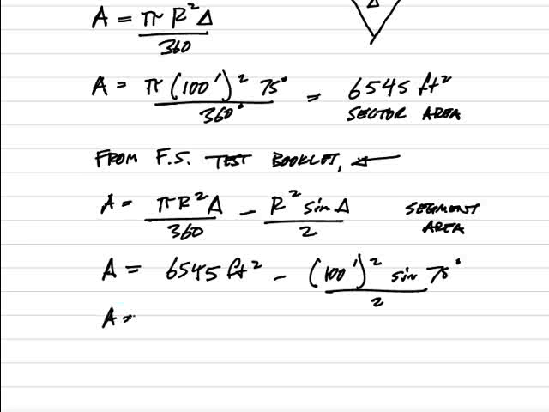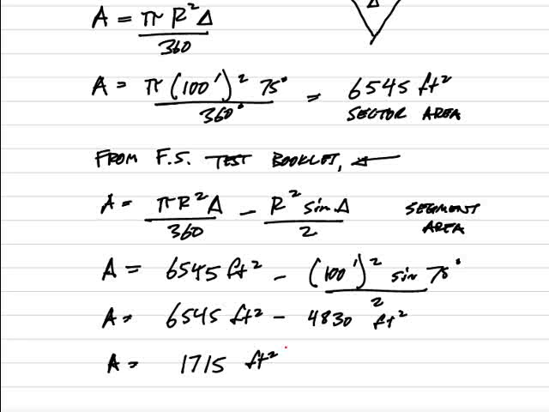And in this case, I will end up with, let's find it here, 6545 square feet minus 4830 square feet. And that, of course, if I do my simple arithmetic, is going to give me 1,715 square feet.